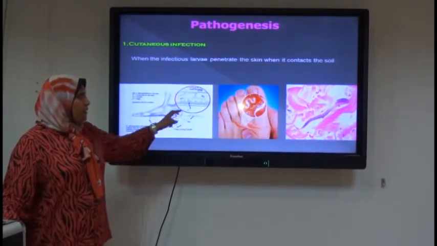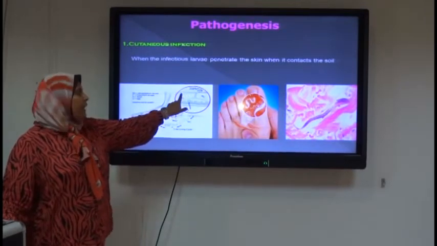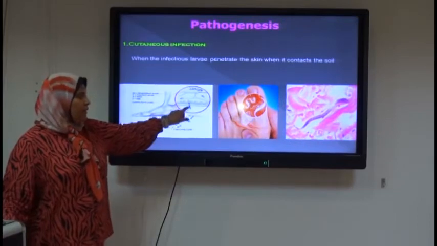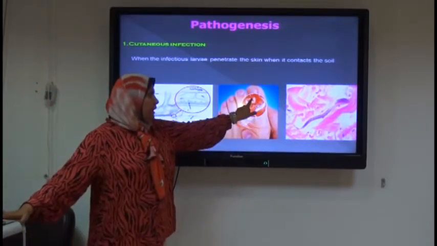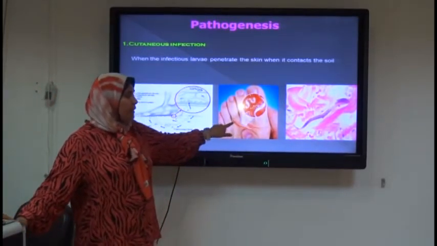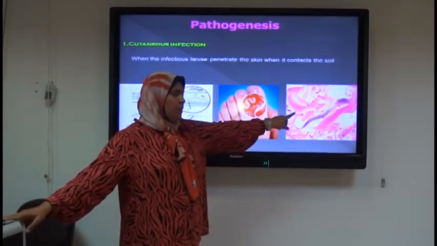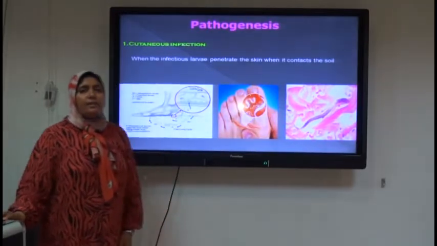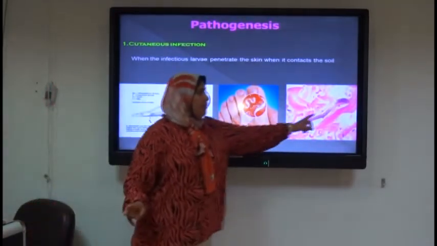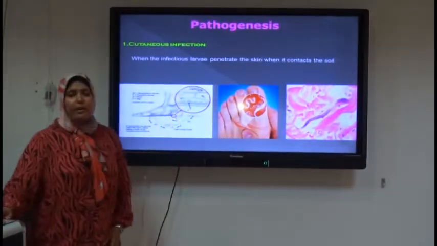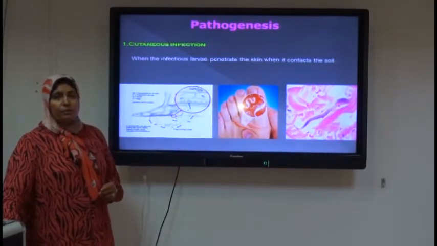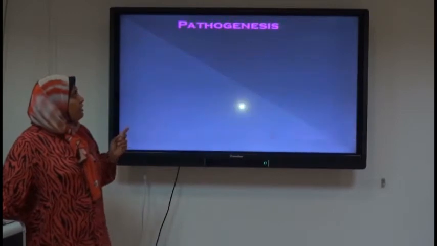Once penetrating the intact skin, it will disseminate and move through the layers of the skin. As we can see here, it can move within the layers of the skin and it will induce an inflammatory reaction inside the skin layers. This is the penetrating rhabditiform larvae migrating through the skin of this person. And this is the cutaneous phase.